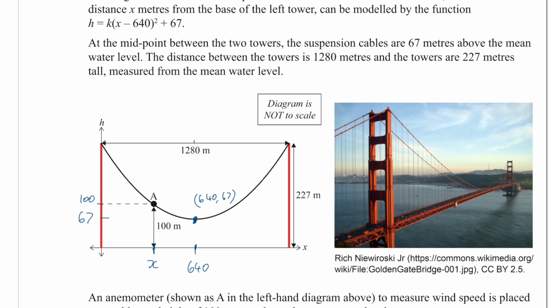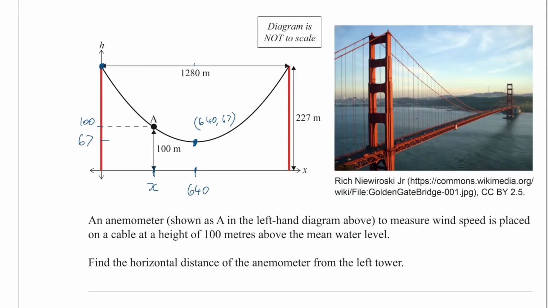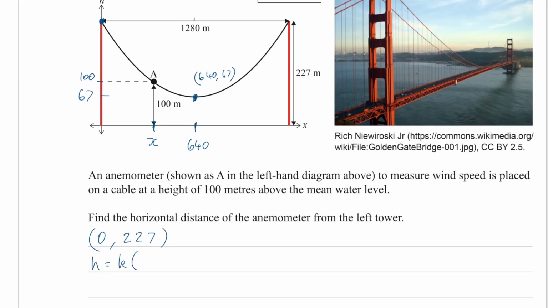Let's pick x equals 0, h equals 227. That's just the height of one of the pillars. So the point is x equals 0, height is 227. And we're putting it in the function for h, which is k(x minus 640) squared plus 67.